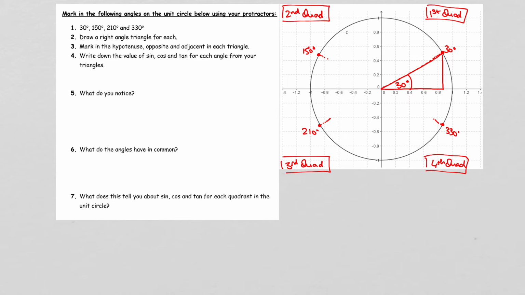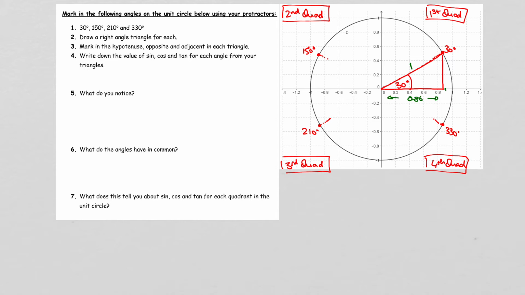Okay, so if I mark in each side of the triangle, we know it's a unit circle. So that means the hypotenuse is 1. And I can see here, if I read off the x-axis, that I've gone out approximately 0.8, that's halfway across to 0.9, so it's almost just past 0.8, so approximately 0.86 is that distance here.